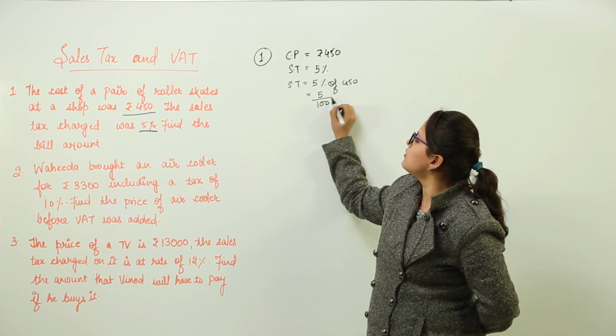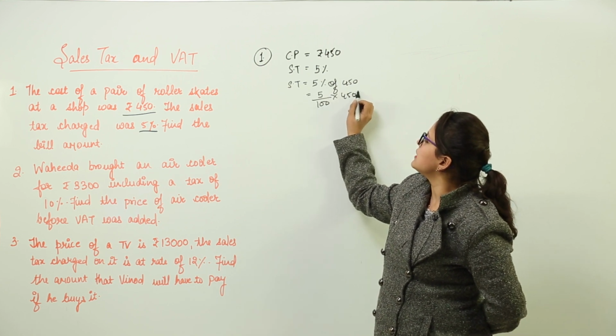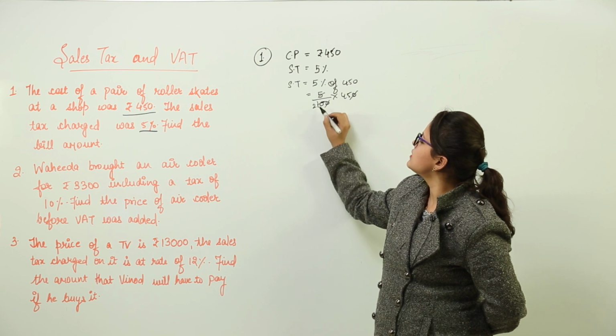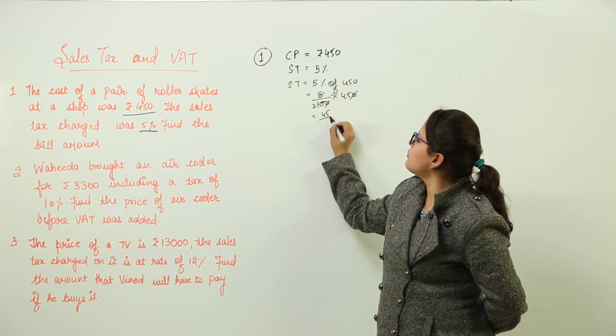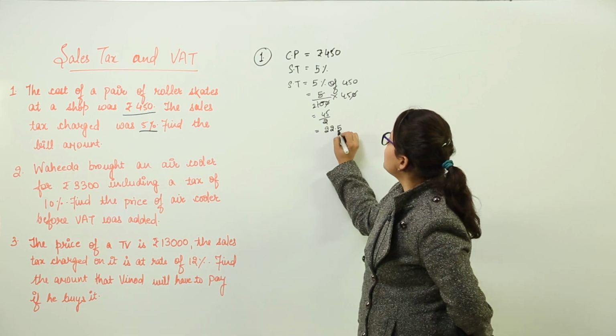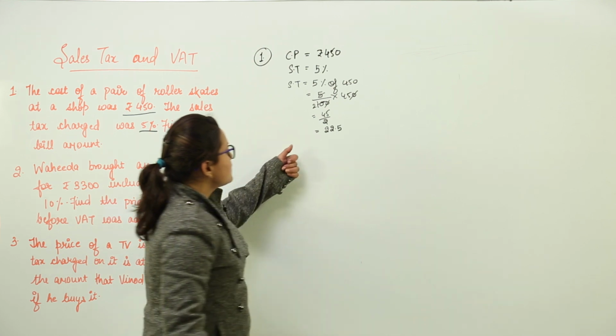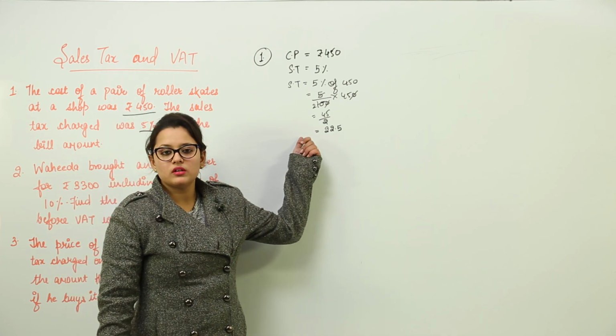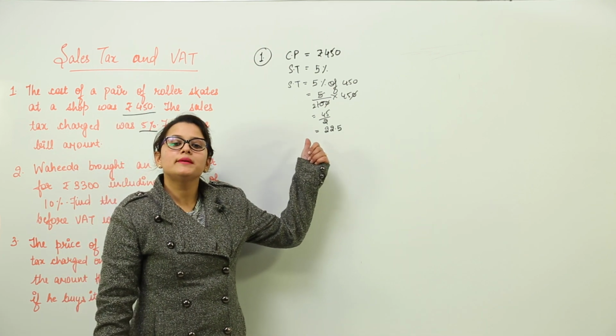So, 5 upon 100 of 450. Here the zeros get cancelled, we get 45 upon 2, that is equal to 22.5. Now, the sales tax that has been applied over here would be rupees 22.5.